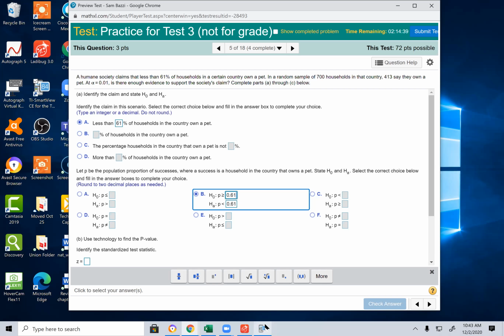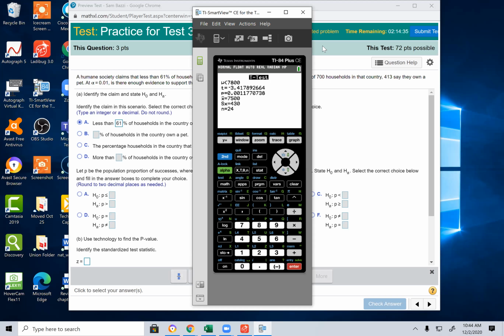So I'm going to bring the calculator back up. And we have 700 and 413. Remember that. So you go to stat, tests, 1-PropZTest, 0.61. What was it? 413, 700.